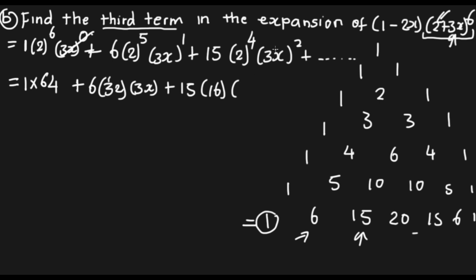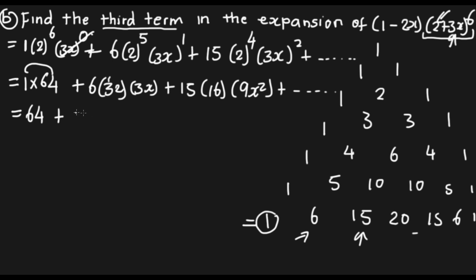Then if we expand, 3x times 3x will give us 9x squared, plus. So 64 times 1 will give us 64, plus, what is 32 times 3 times 6?